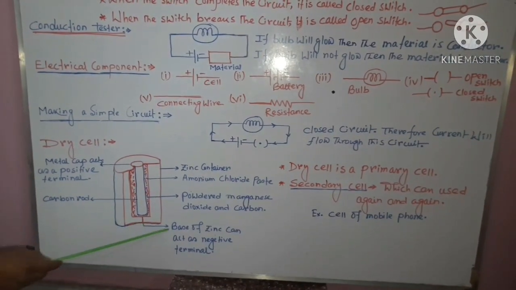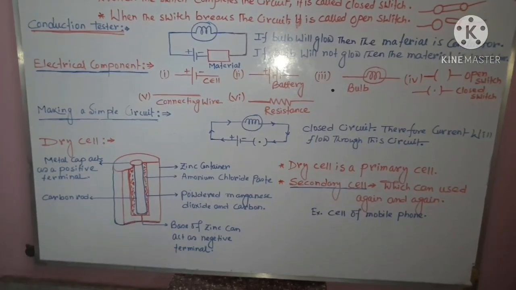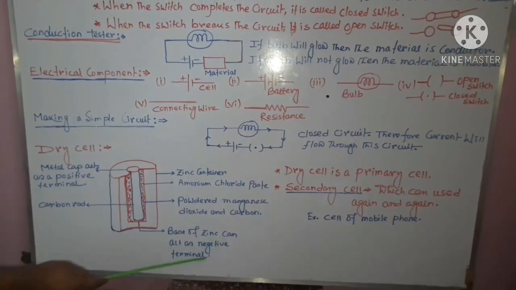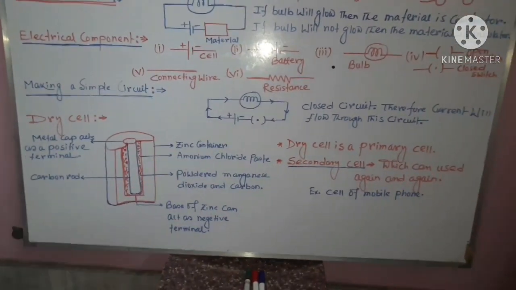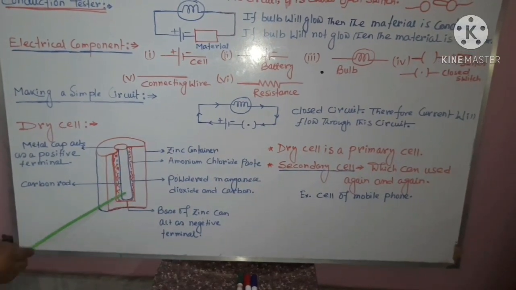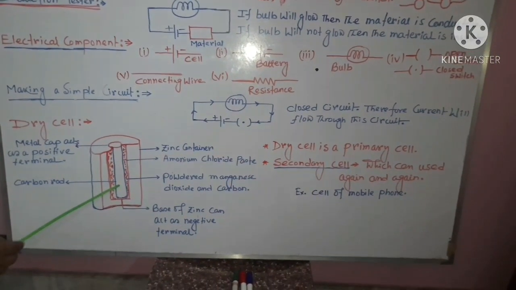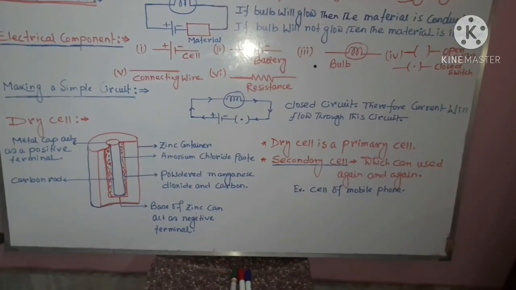The base of the zinc container behaves as the negative terminal of the cell. Through the middle section of the container, there is a carbon rod, which behaves as the positive terminal of the cell.